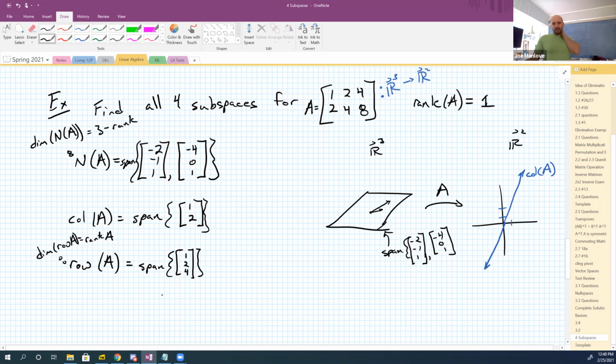How big is the null space of the transpose? The left null space, as it were? Where does it live?